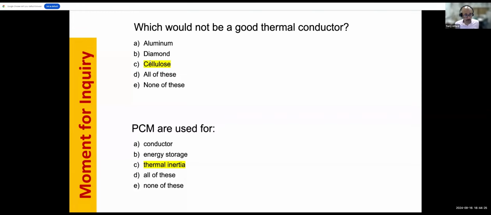Cellulose, which is essentially wood, which is a polymer, doesn't have any free electrons, and also has very poor phonon conduction. The phase change materials are used for, oops, you have an error here, my error. Please denote that phase change materials are for energy storage. Bad problem.